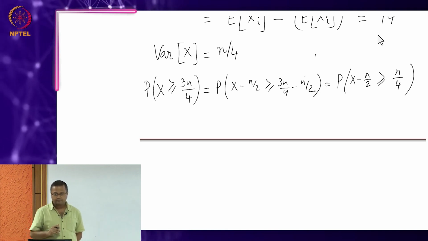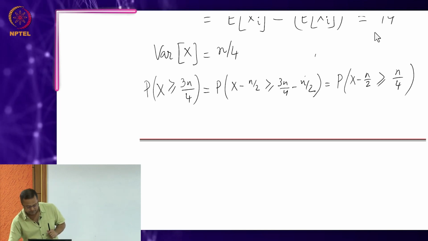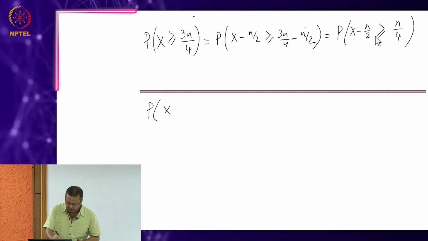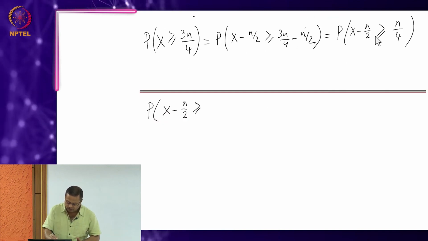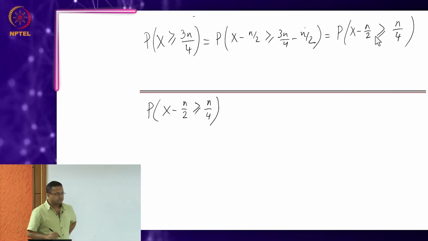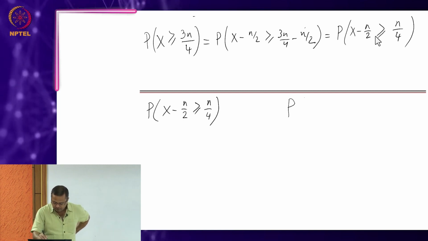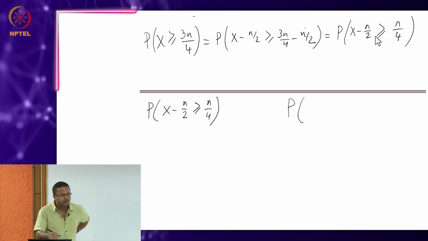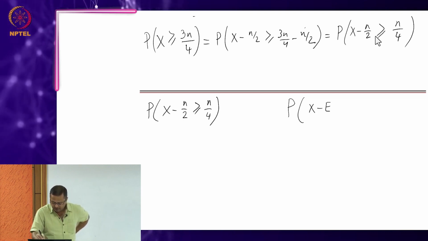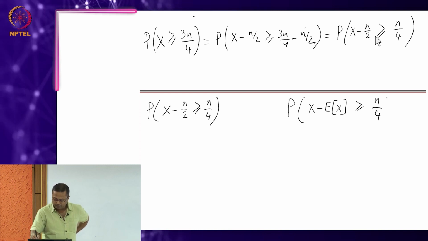But what if, now let me go to the next page. Till now we have got x minus n by 2 greater than or equal to n by 4. Now see, instead of n by 2 I can write the expectation here, right? So perfect, x minus E of x greater than or equal to n by 4.